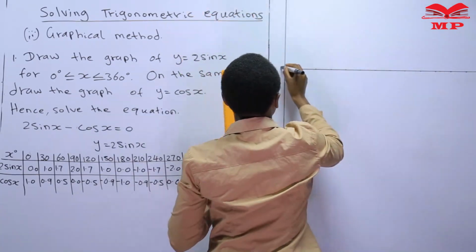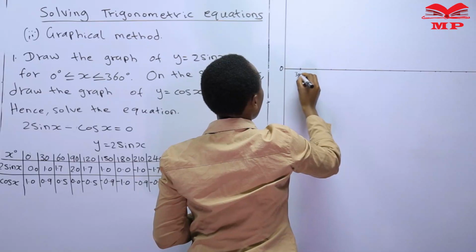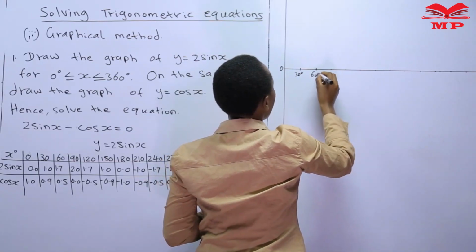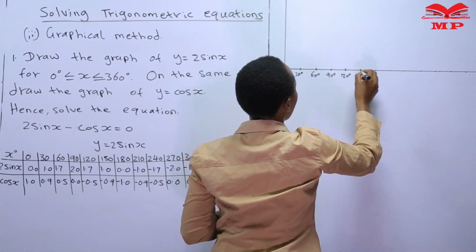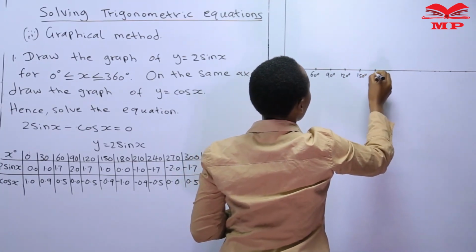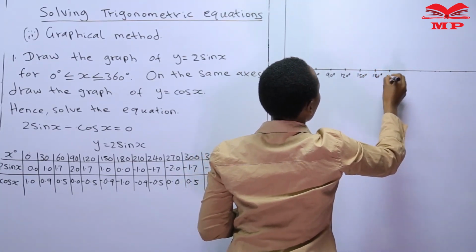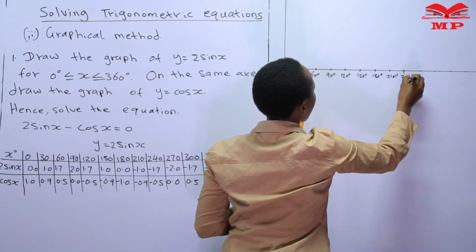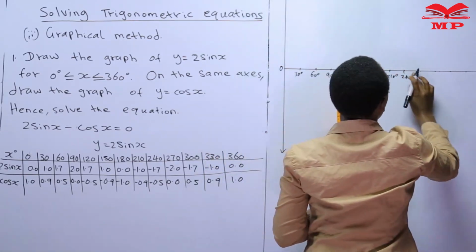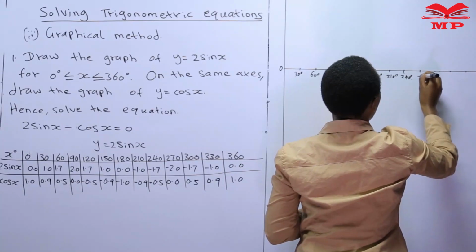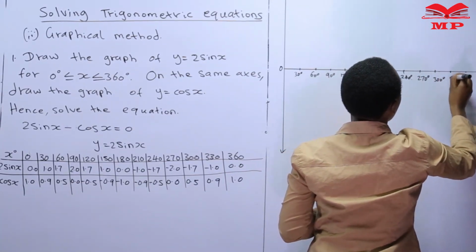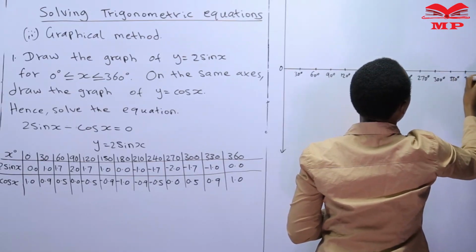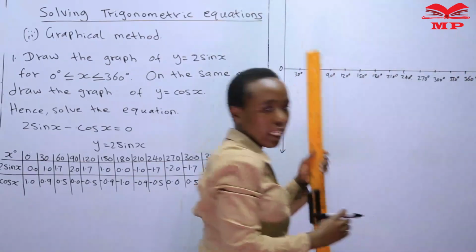So here we have 0. This is 30 degrees, 60 degrees, 90, 120, 150, 180, 210, 240 degrees. Then we have 270, we have 300, 330, and finally 360 degrees.